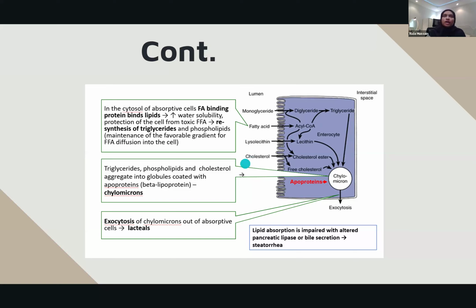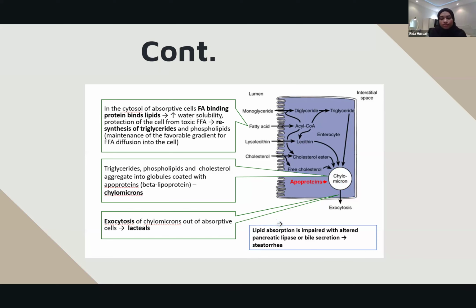We also add the lipid-soluble vitamins, vitamins A, D, E, K, and apoproteins as well. Now we form a chylomicron. A chylomicron is basically a refined, reformed version of a micelle that is ready to be put out into the body, and it has the most efficient lipid byproducts.